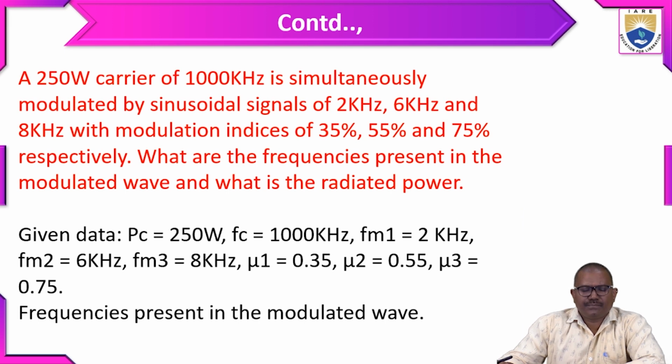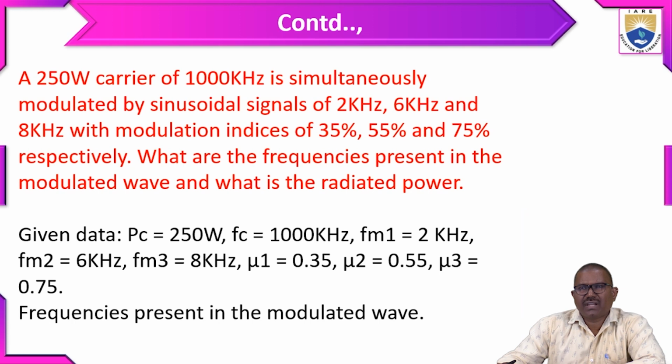And another one: a 250 watt carrier of 1000 kHz is simultaneously modulated by sinusoidal signals of 2 kilo, 6 kilo and 8 kHz with the modulation indices of 35%, 55% and 75% respectively. What are the frequencies present in the modulated wave and what is the radiated power?